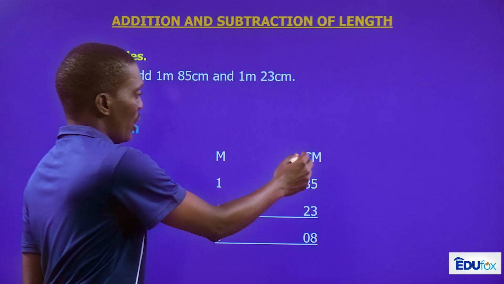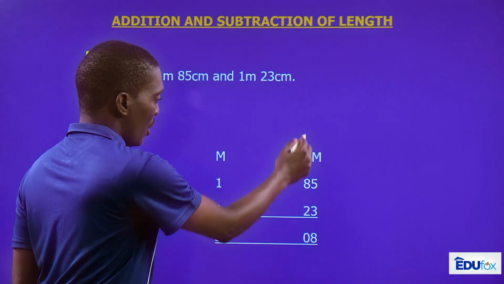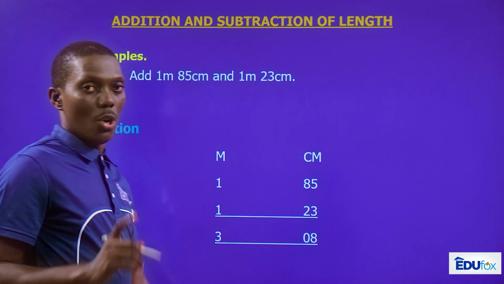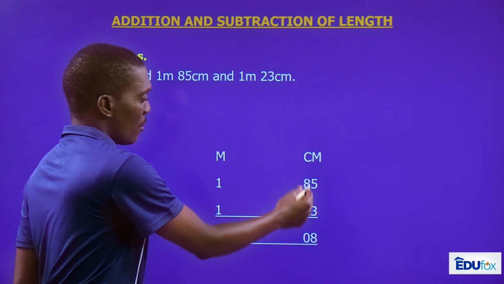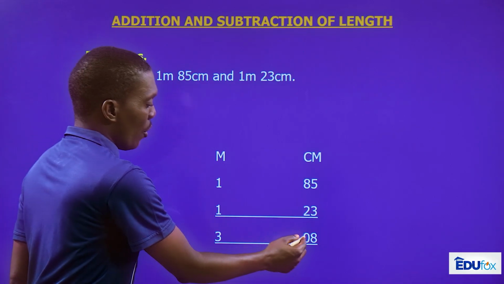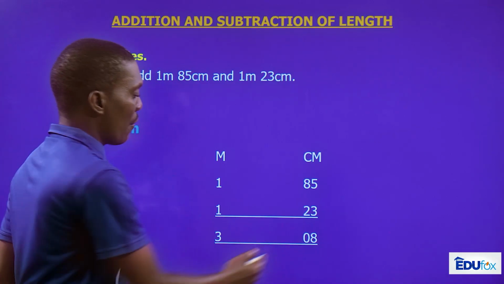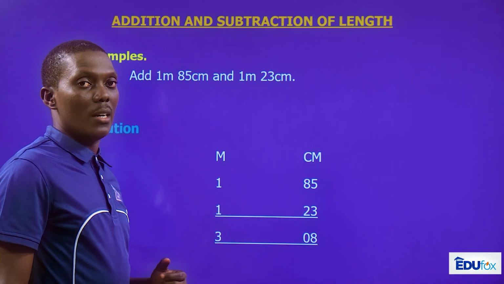So because 100 centimeter makes 1 meter, the answer you have on this centimeter part should not be greater than 100. So we'll subtract 108 minus 100, it will give us 8. So we have here as 08 to represent 8 centimeter.